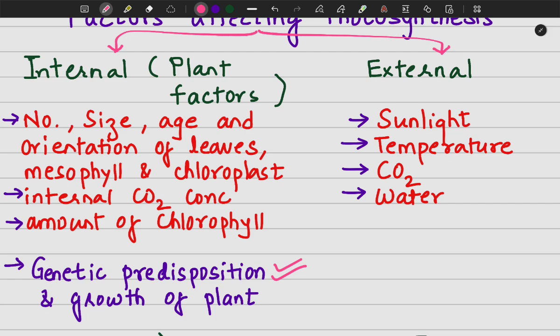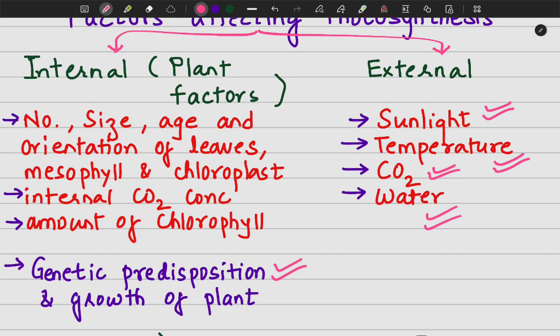Now talking about the external factors, which are not the component of the plants but of the atmosphere in which the plant is growing or the habitat of the plant, right? So the amount of sunlight which is available to the plant, the temperature of the region in which the plant is growing, then the concentration of carbon dioxide in the atmosphere, as well as the amount of water in the soil in which the plant is growing.